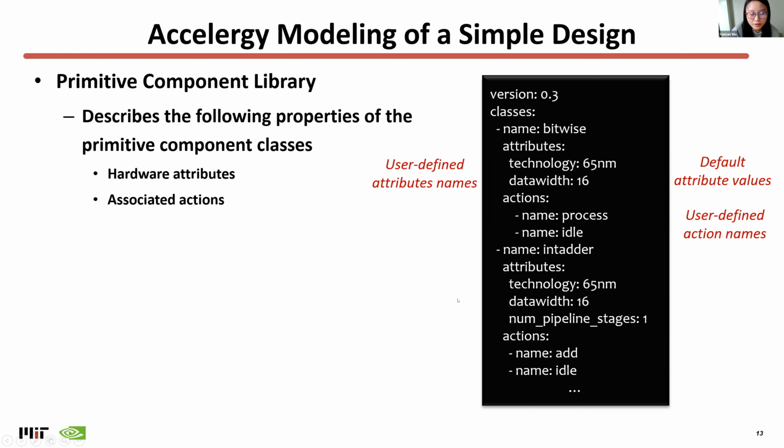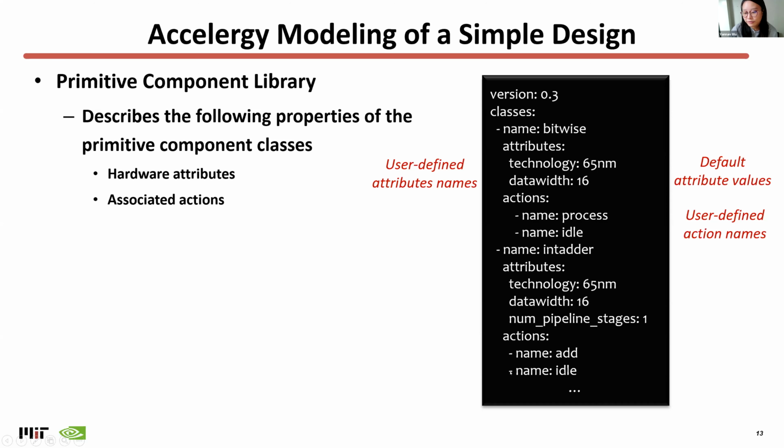Another thing that we want to know about the primitive component classes are the associated actions for these classes. The actions are basically the operations that can be performed by this class of components. For bitwise, it's very simple, and we just call it process. For adder, it can perform an add operation, or it could just be idle.